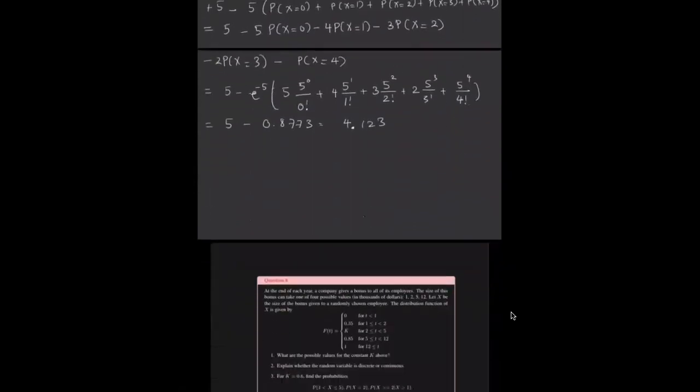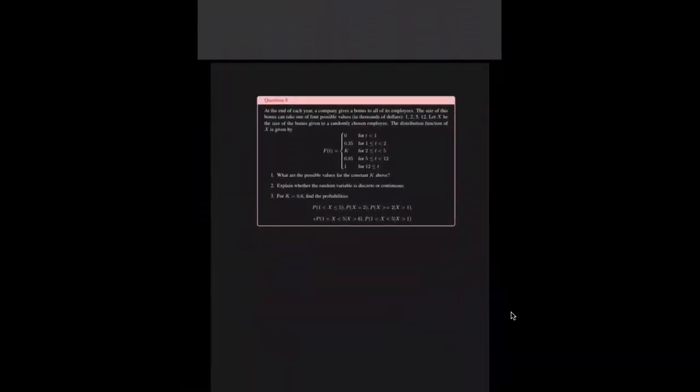If there is no question, I will let you work on this one. But if you're still confused about the previous question, just let me know.